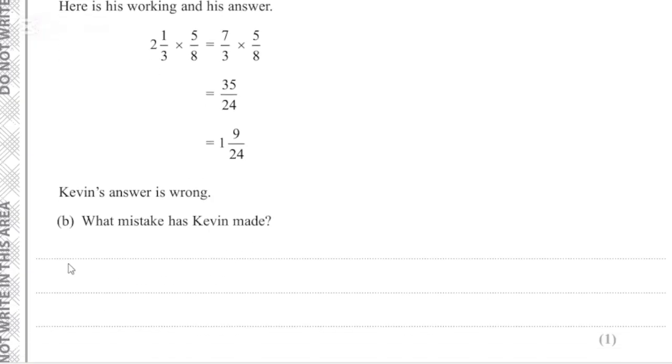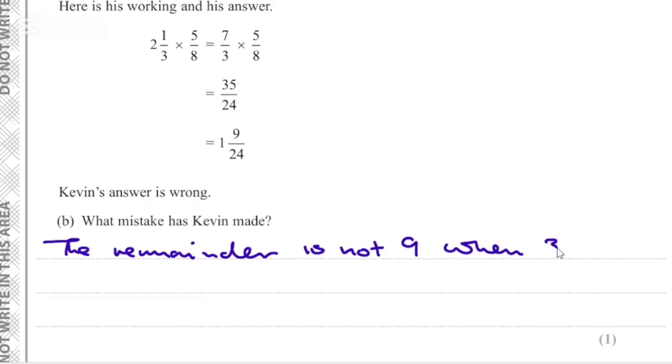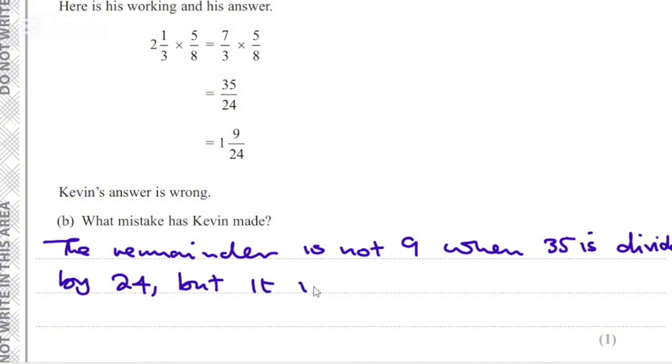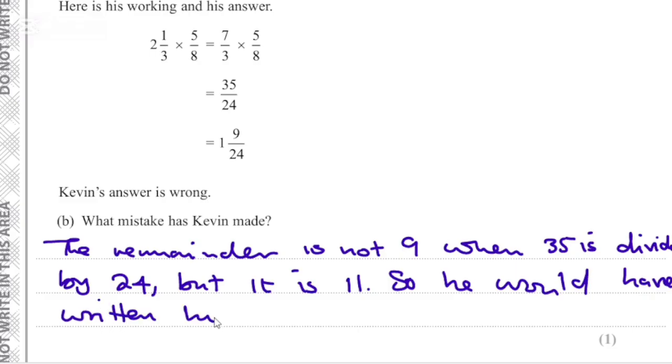The remainder is not 9 when 35 is divided by 24, but it is 11. So he would have written his answer as 1 remainder 11 over 24.